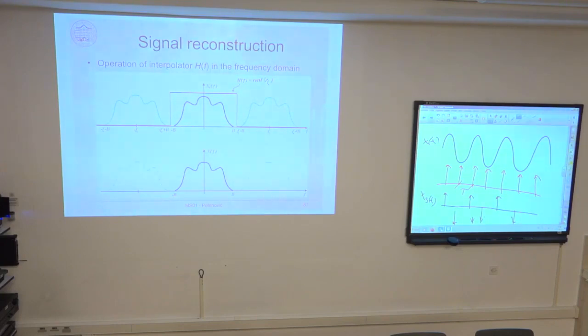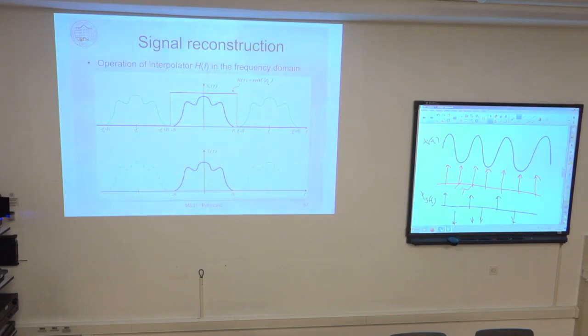So due to this discretization, I get periodicity of the spectrum with a period equal to the sampling rate: minus half the sampling rate to plus half the sampling rate is the fundamental period of the spectrum, which is then repeated infinitely many times left and right. So in the spectral domain, the effect of discretization in time is periodic extension of the spectrum.